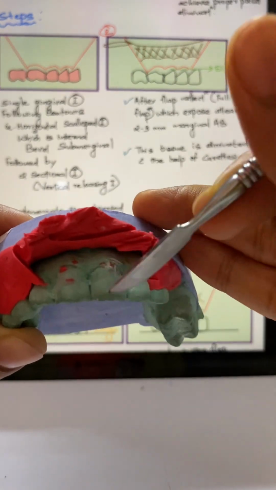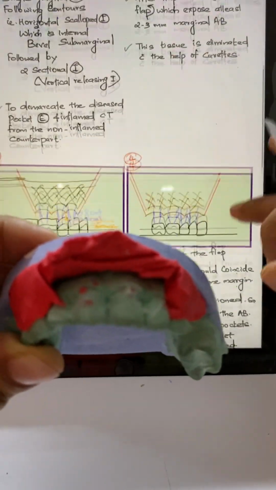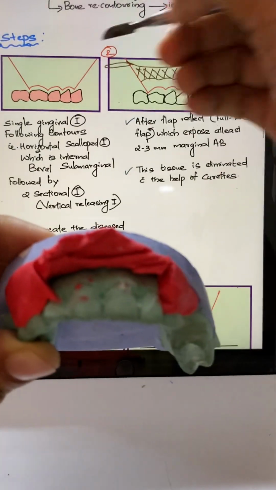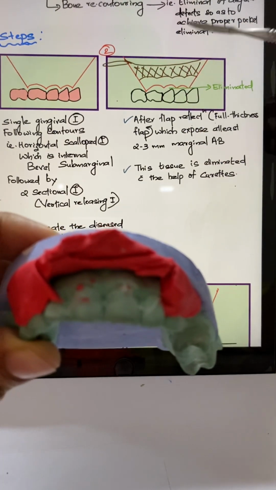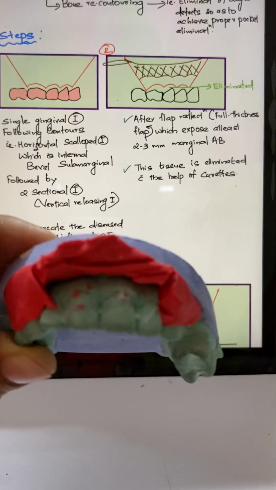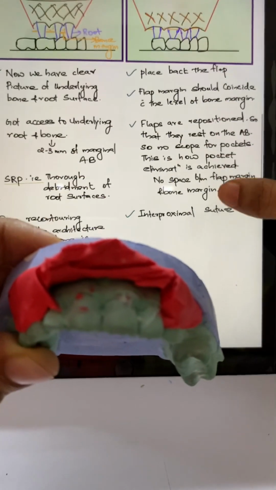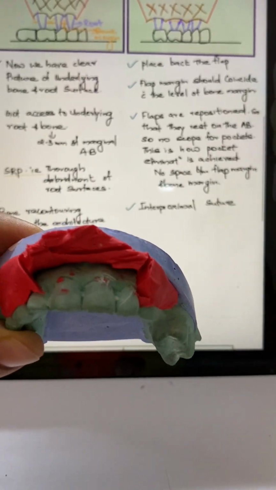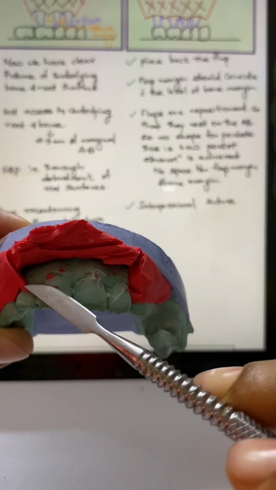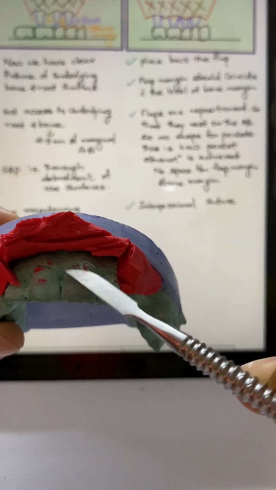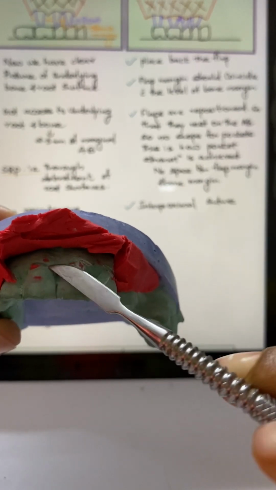Actually, we have to use curettes to remove the extra tissues. So I think you are clear with these two. That means here the flap is reflected, and this tissue got eliminated. And the next step is that now we have a clear picture of the underlying bone and the root surface. So now we have access to the underlying root and also the bone.